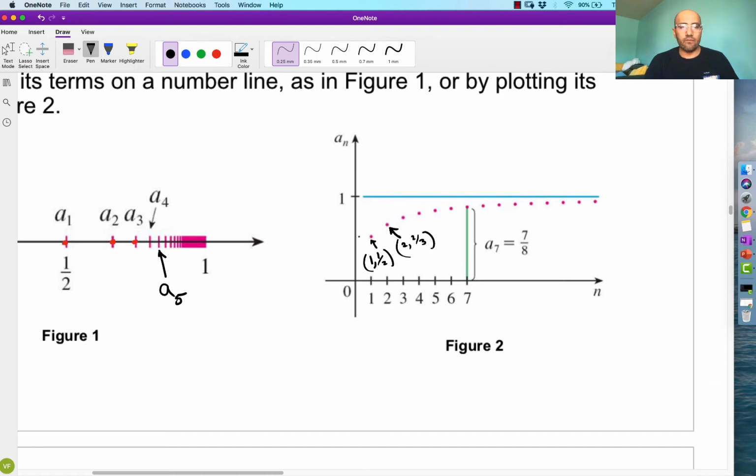So we can visually see or approximate that this is a half, that this is 2/3, and so on. But it makes it easy to see where the sequence is approaching, right? So from this graph, we can easily see that it's getting closer and closer to 1, right?